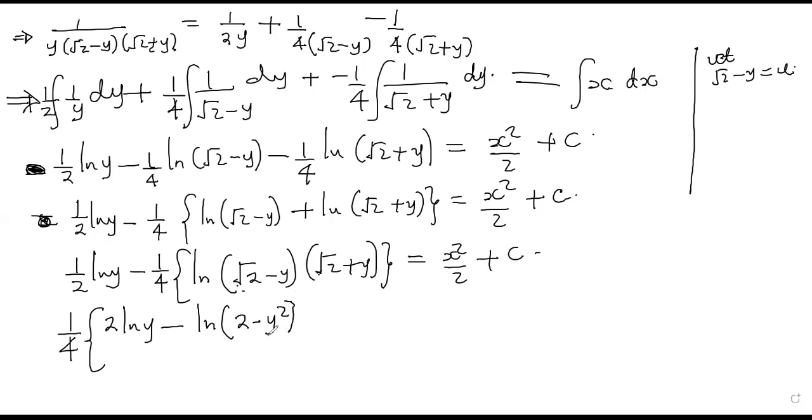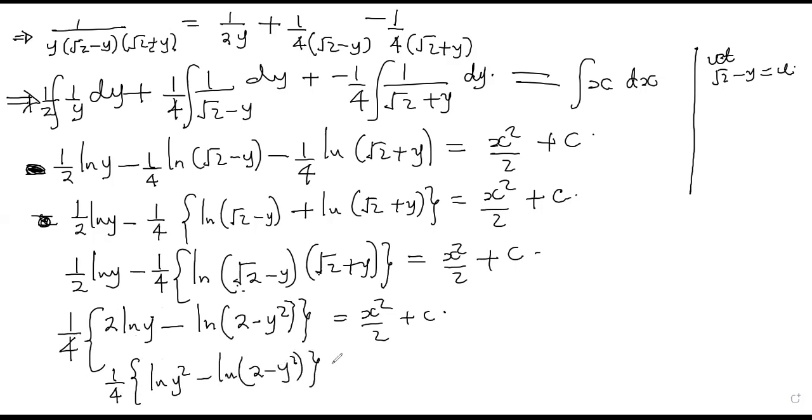So we have this equal to x squared over 2 plus the constant of integration, implying that this is the same as a quarter. Now I can use the same ln because this 2 can come here by laws of logarithms. Ln behaves as a logarithm, so it will be ln y squared. Let me show that step: ln y squared minus ln of 2 minus y squared is equal to x squared over 2 plus a constant of integration.